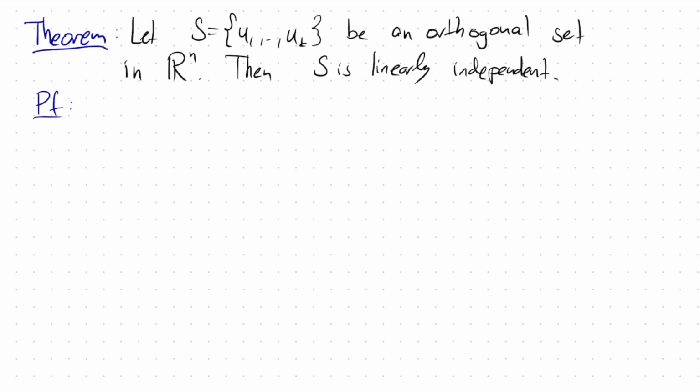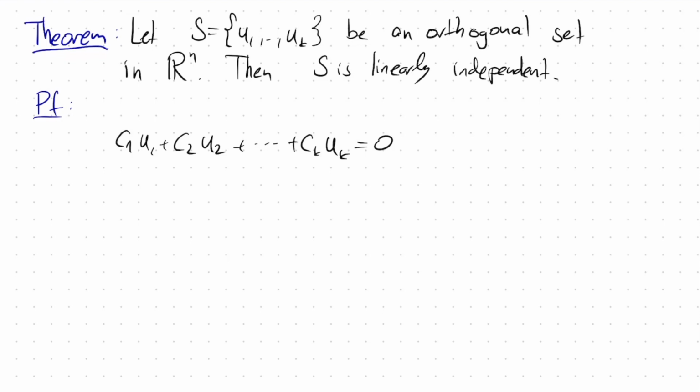So, what does it mean to be linearly independent? We have to consider the linear combination c1 u1 plus c2 u2 until ck uk equals 0, where c1 until ck are just numbers, and here 0 means the zero vector.